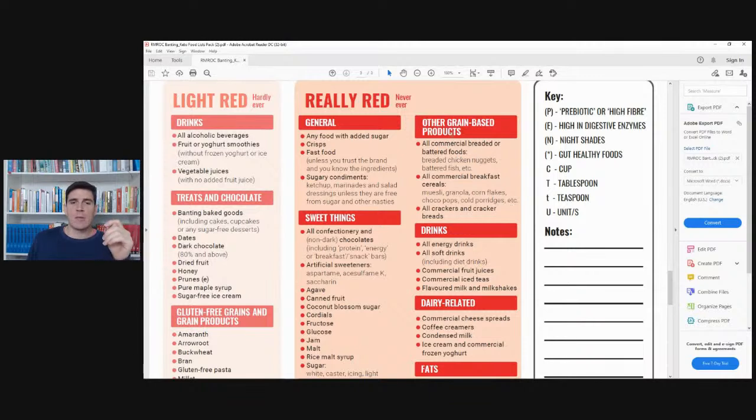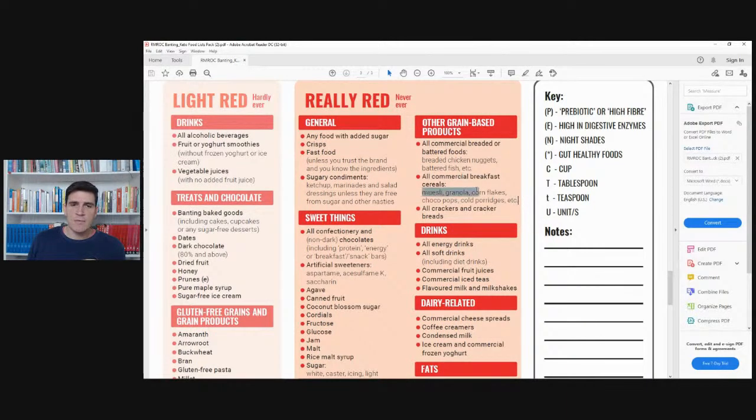Okay. Other grain products. So obviously it goes without saying that anything with gluten in it is on the red list, but just for extra clarity, we added grain products here. So anything that is breaded or battered, your fish goujons that are deep fried and battered, your chicken nuggets, all of those things that have flour or grain or breadcrumbs on them, you've got to stay away from those.